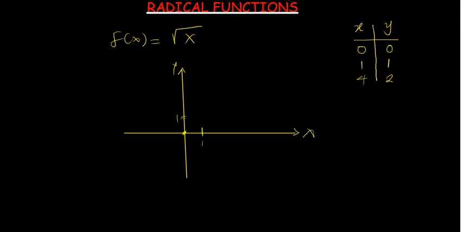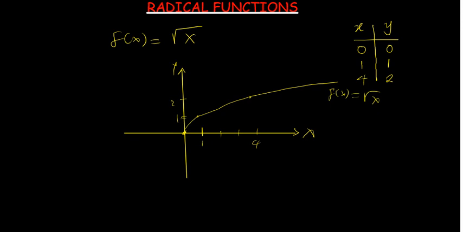From 1, 1, we've got 4. Let's say this is 2, 3, 4. We've got 4, 2. So these are the points which we have. So we notice that our graph is going to move something like that and then continue going like that. So that is a radical function. That is the sketch of the function f of x is equal to the root of x.